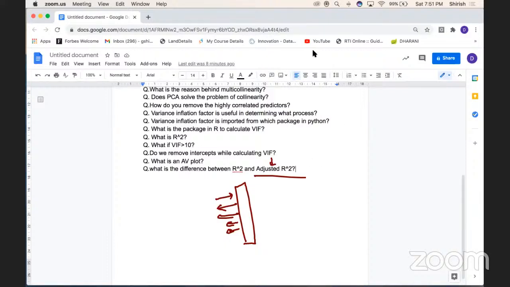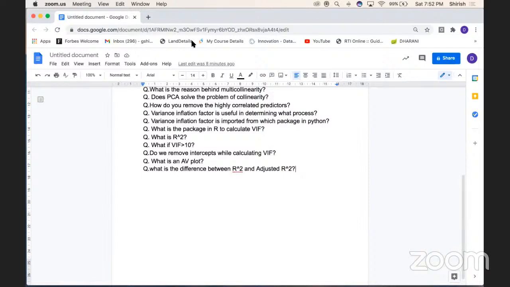Okay. Now, what is a baseline model, friends? What is a baseline model? Vanilla model.